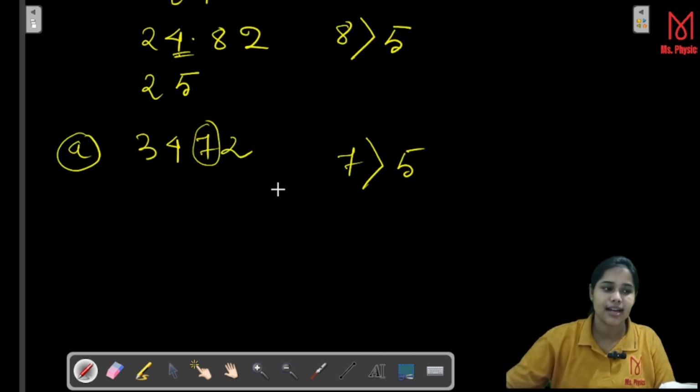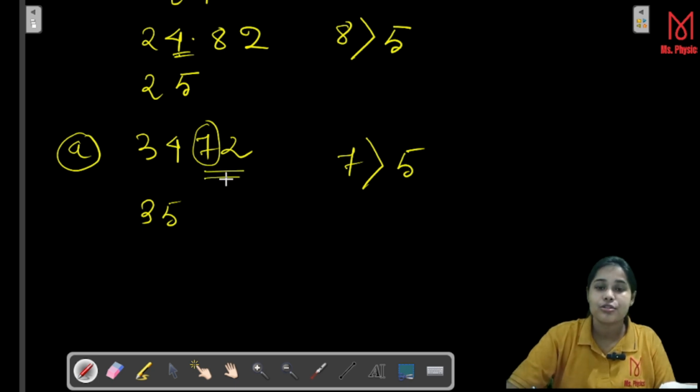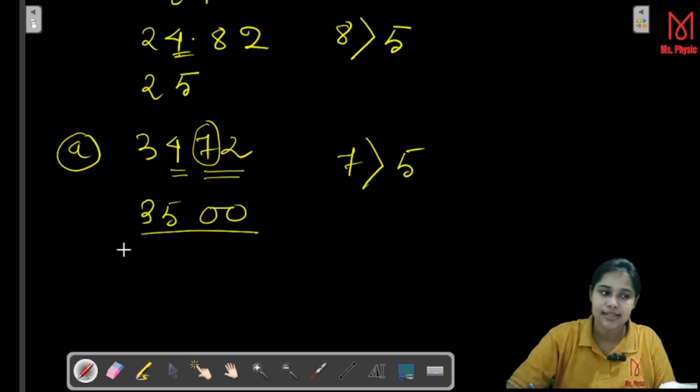So that's why it would be 35. After that, these are the dropped digits. The dropped digits, 7 and 2, are replaced with 0, since they are placed to the right of the second digit. So that's why the answer is 3500.